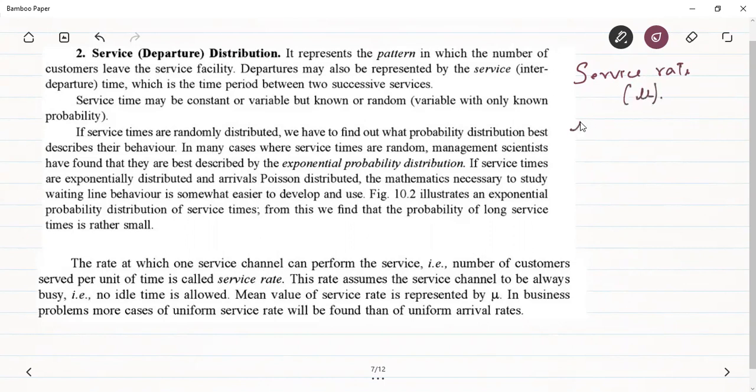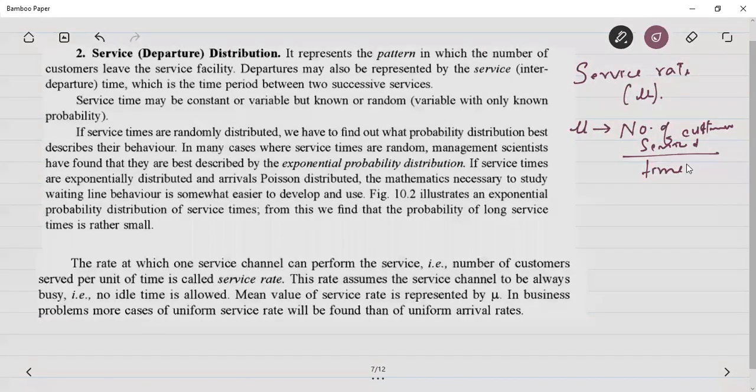Obviously this will be the number of customers leaving, the number of customers serviced. The number of customers getting serviced per unit of time is known as the service rate. Arrival rate is the number of customers arriving per unit time, whereas the number of customers getting serviced per unit time is known as the service rate.